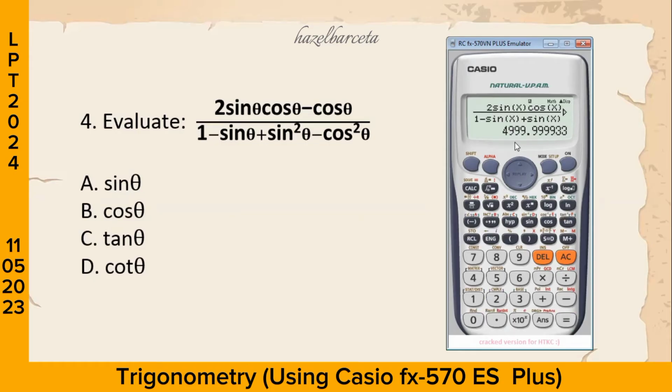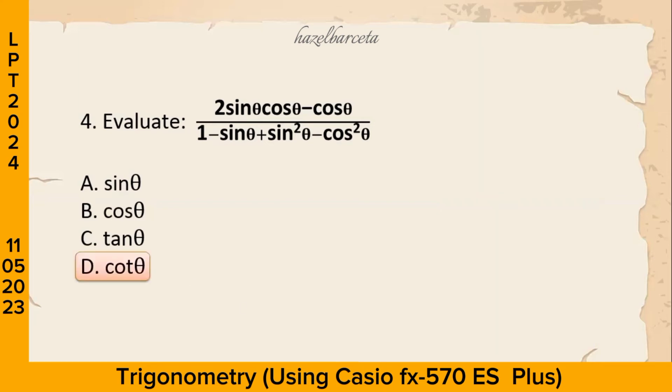So, 4,999.99933 yung dulo. So, dapat ito din po yung makikita natin para siya yung maging sagot. So, yes, it's letter D. So, ganun lang po siya. Nakapag-save po tayo ng time kasi instead na magre-recall po tayo ng ating formula or ng ating identities, bibilisan na lang sa ating pag-type. Okay, so sa ating pag-i-input. So, that is for problem number 4.